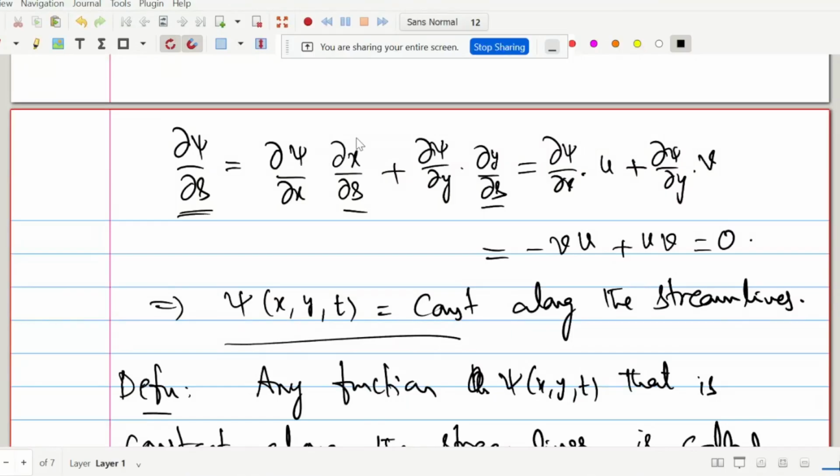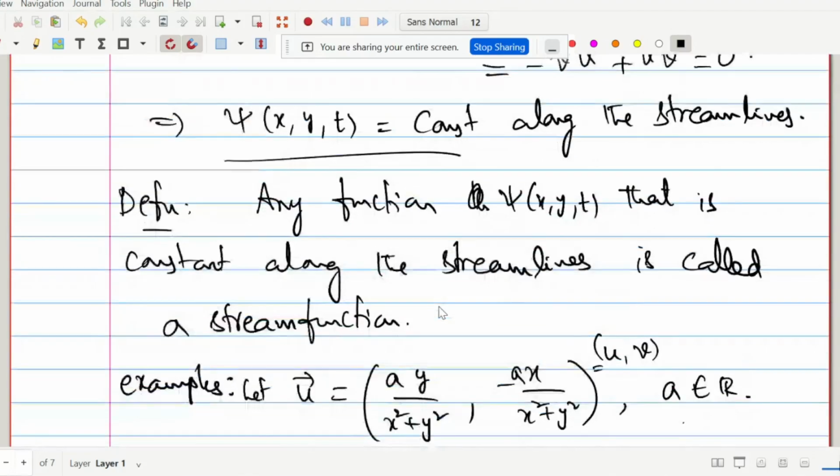The tangent is dx by ds, dy by ds, tangent to the streamline. In that direction, by construction, it is equal to 0. So that's why psi is constant along it.